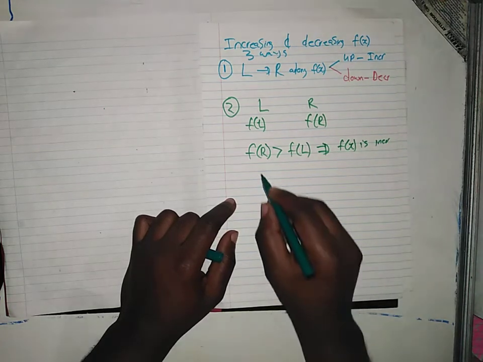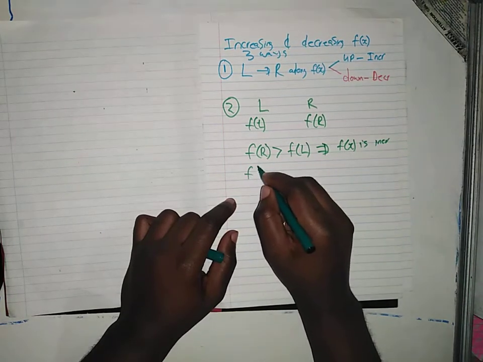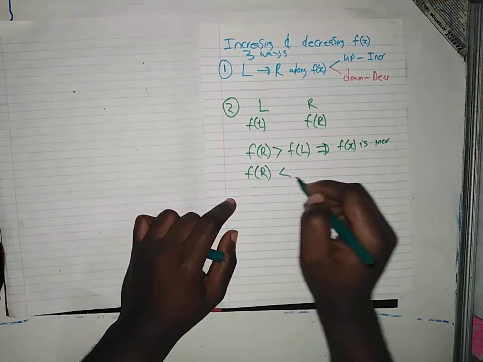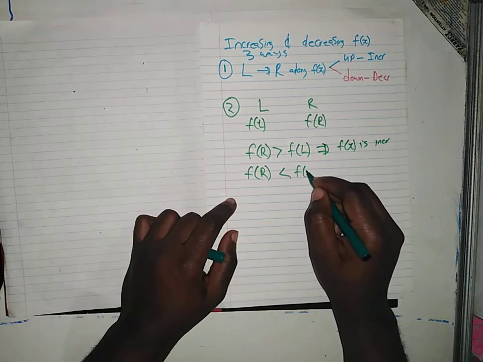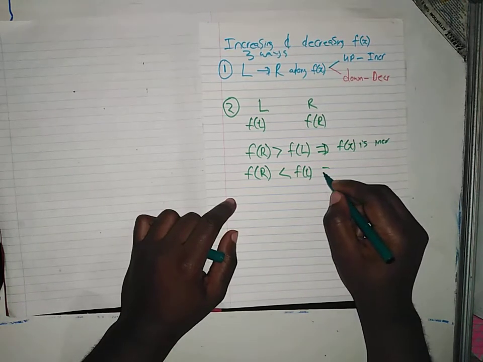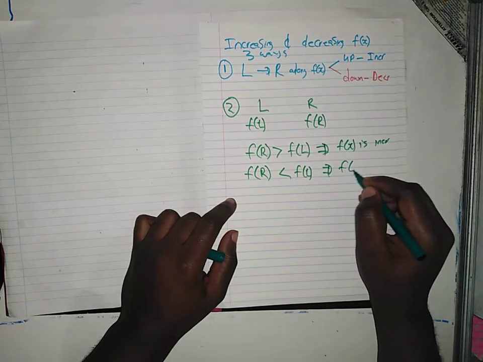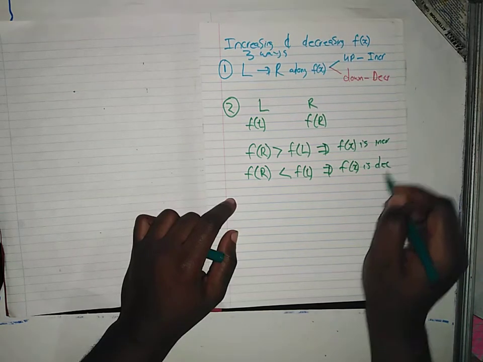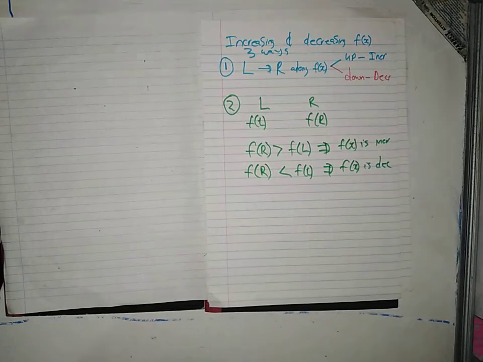And if f at the right is smaller than f at the left, then we know that f of x is decreasing. That was the second method.